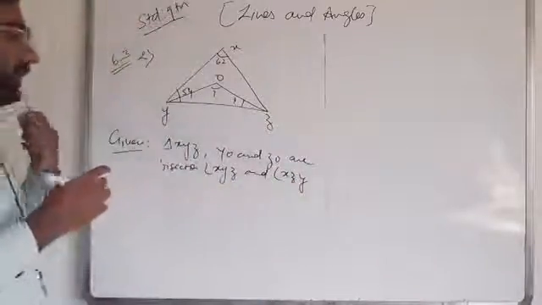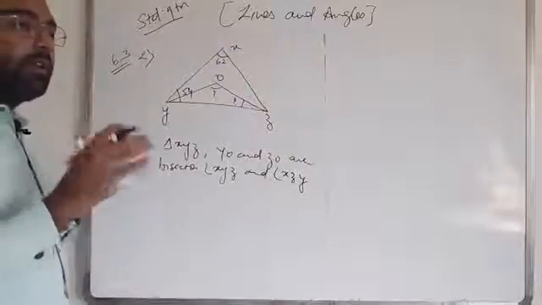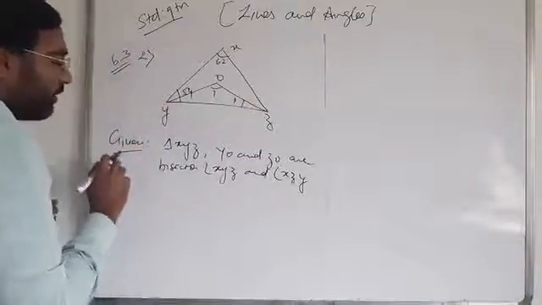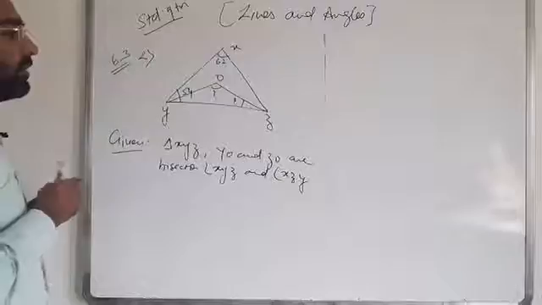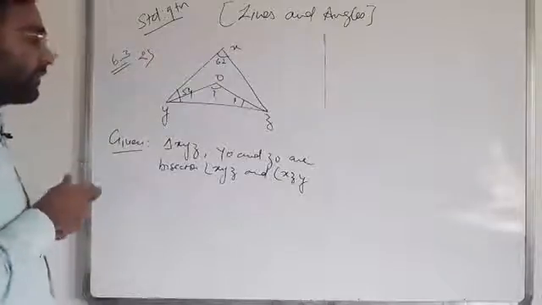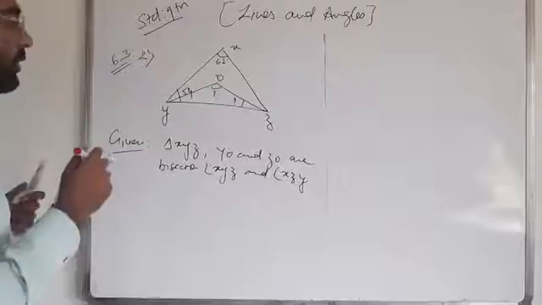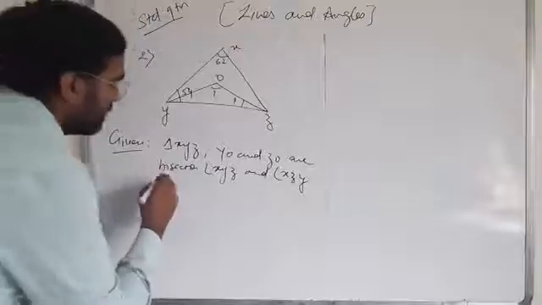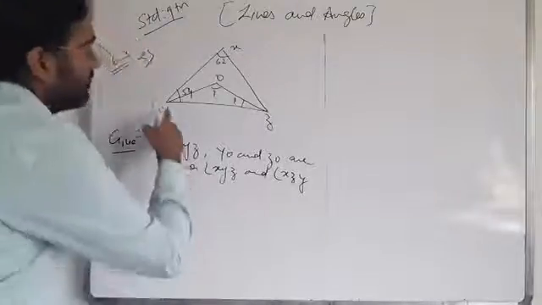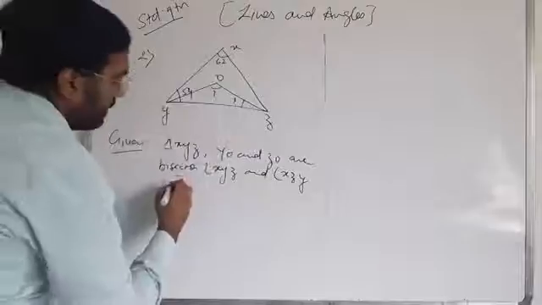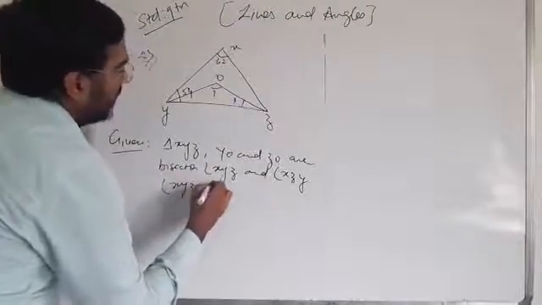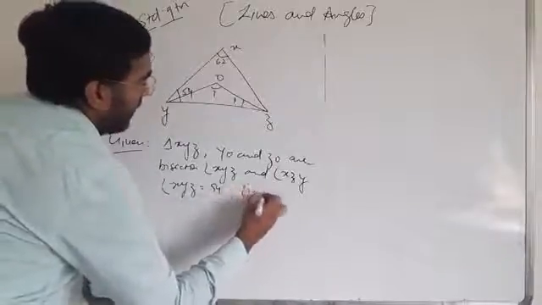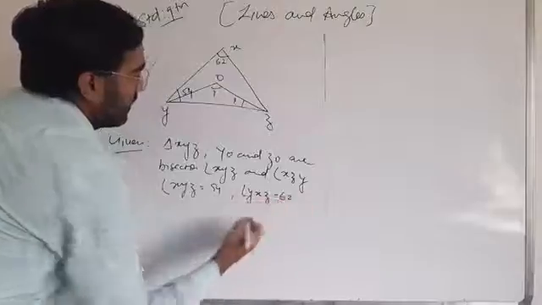Now an angular bisector means it makes two equal halves of the whole angle. Also given, angle XYZ is equal to 54 degrees, and angle YXZ is equal to 62 degrees.